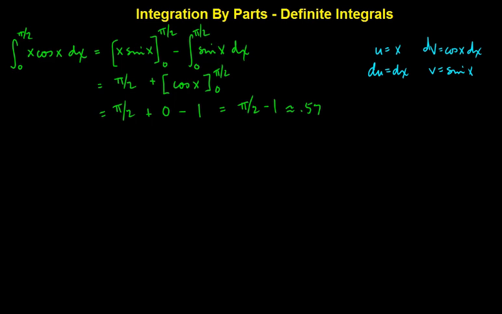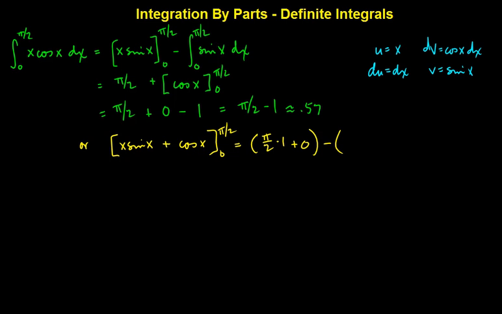Now you could also do the whole thing out. After we found the antiderivative of sine x to be negative cosine x, we could have put x sine x plus cosine x all from 0 to pi over 2. When you do that, you get pi over 2 for the x sine x times 1, and the cosine of pi over 2 would just be 0.